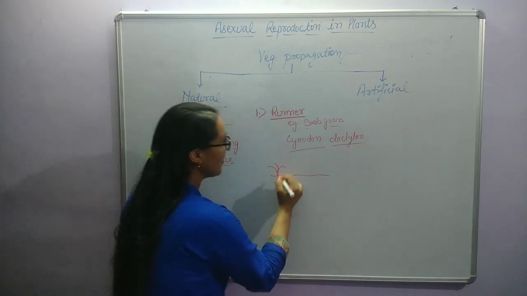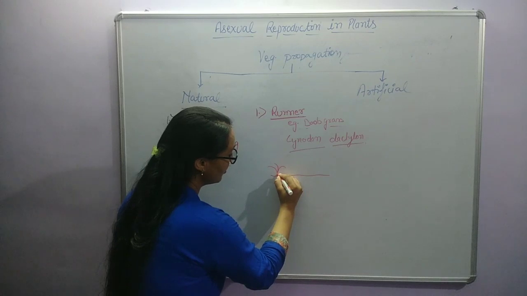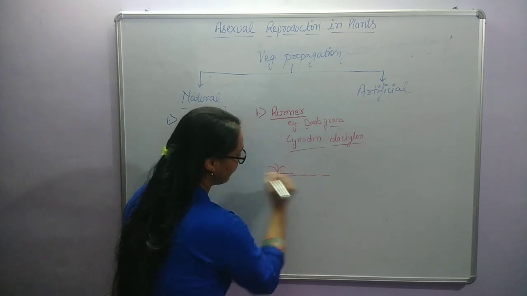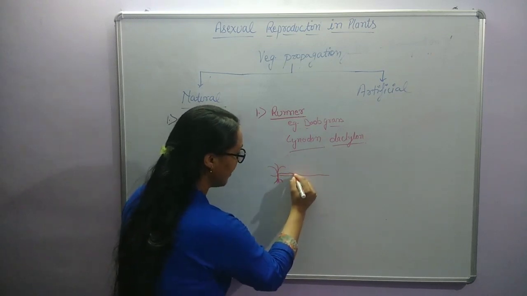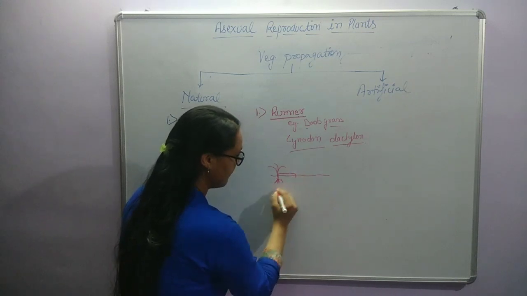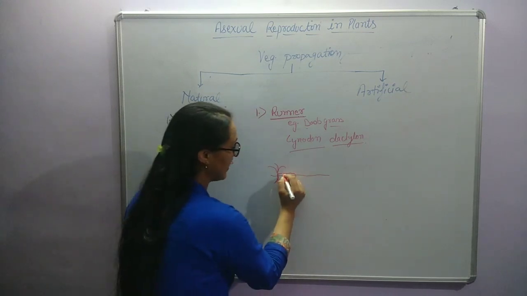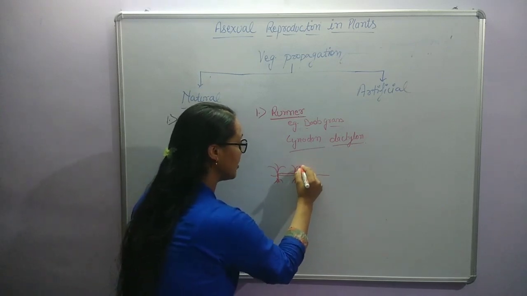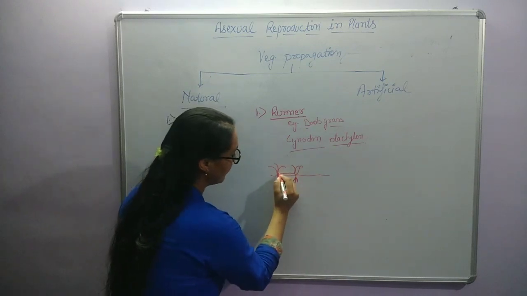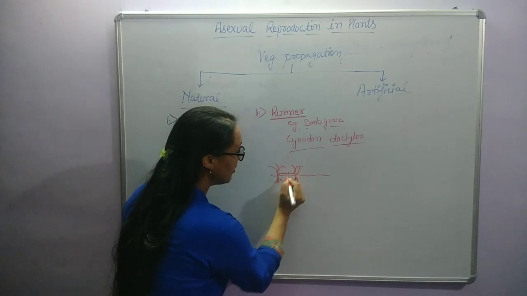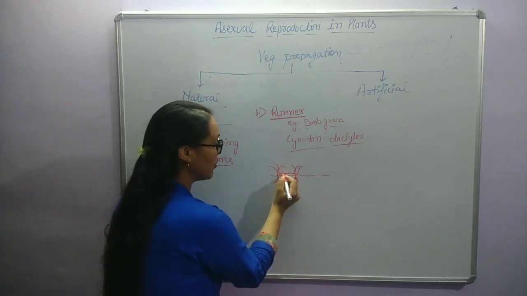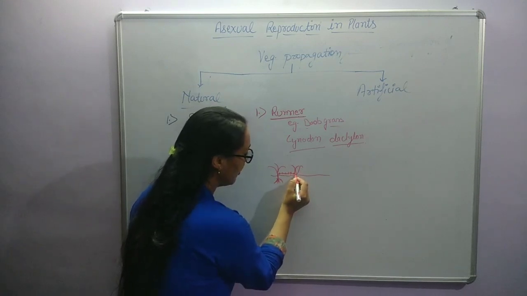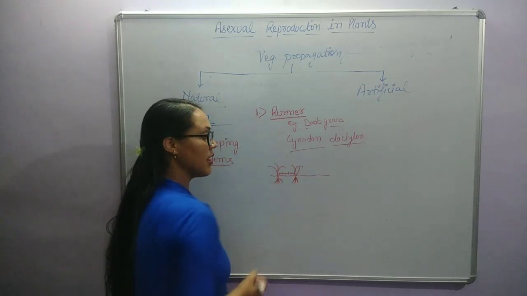Now, in the same way as we have studied in sucker, a horizontal branch arises from a node, like this. Whenever this horizontal branch that lies parallel to the ground touches soil, it gives rise to a new plant. But here this branch contains multiple nodes and internodes: node, internode, node, internode, like this, and when a node touches the soil, it produces a new plant.